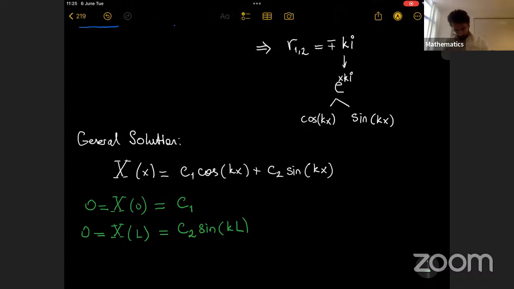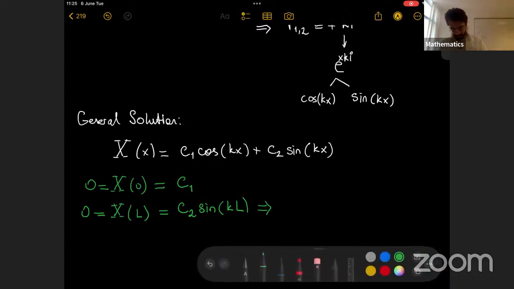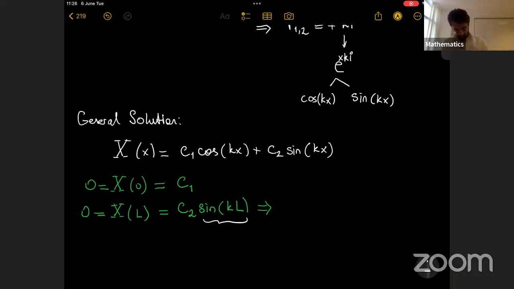We do not want here the trivial solution. When c2 is equal to 0, we have the trivial solution, but we don't want this. Here, this is equal to 0 means this is equal to 0, let's say.